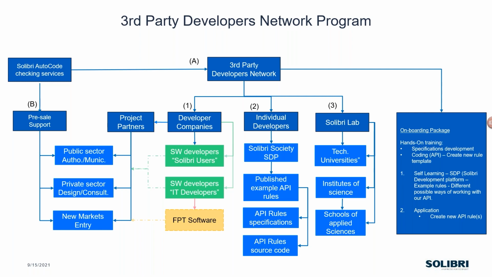Then we give them two or three test rules to develop, with building requirements, and they need to follow the whole workflow in order to create new rules. At the end of this onboarding comes the certification.